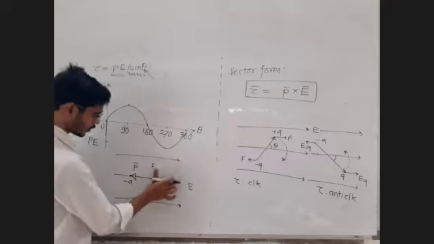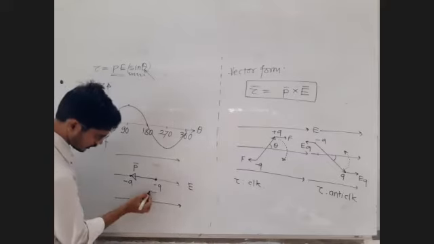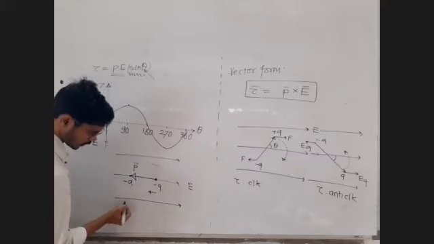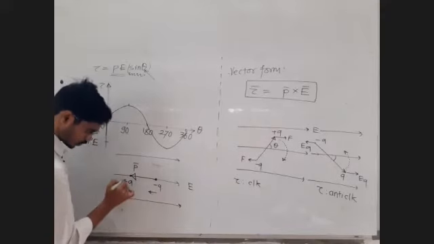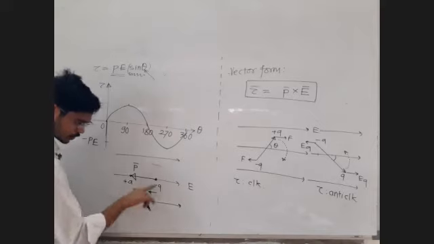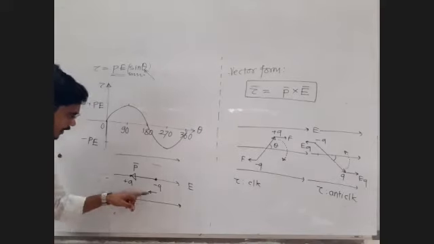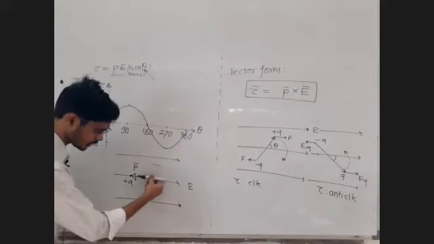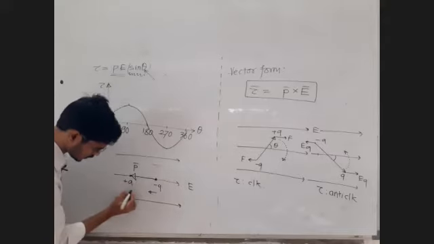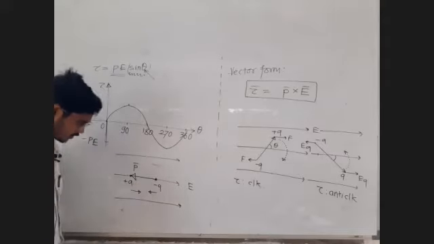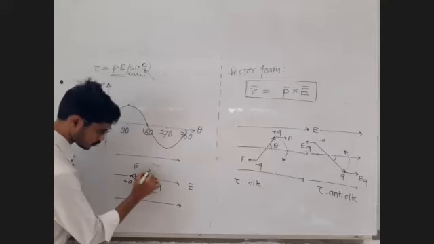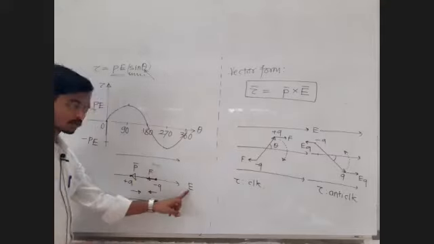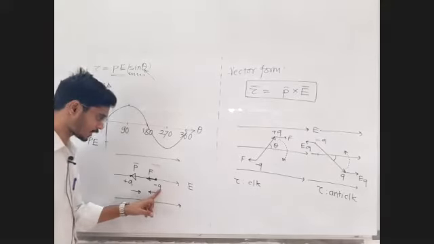Let me rather redraw it here. This should be negative and this should be positive, since the dipole moment is always from negative to positive. The negative charge experiences a force in the leftward direction, and the positive charge experiences a force in the rightward direction, which is the direction of the electric field.